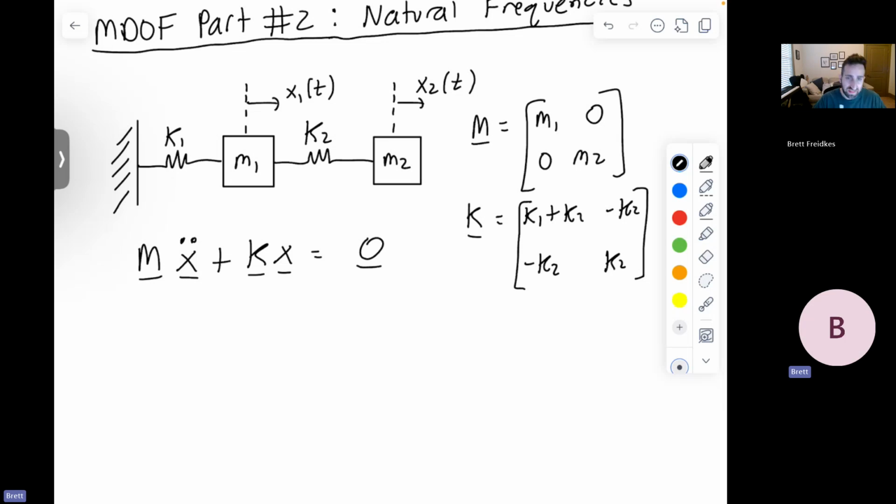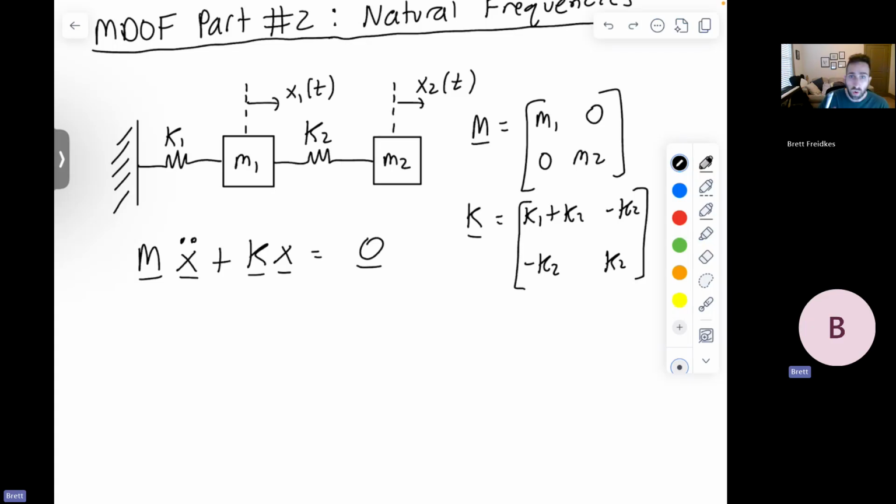Essentially, what we see in the picture that I have on screen is that you have two masses that have two springs involved in some way, and there's a set of differential equations that describe the motion of the masses. One differential equation for mass 1, another for mass 2.